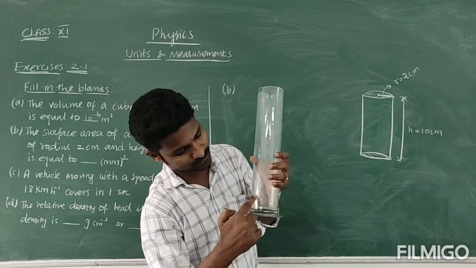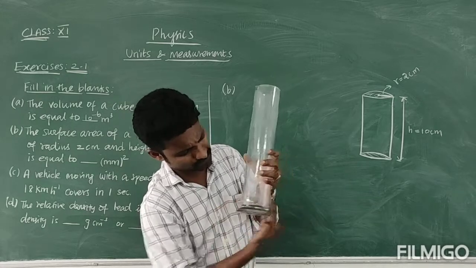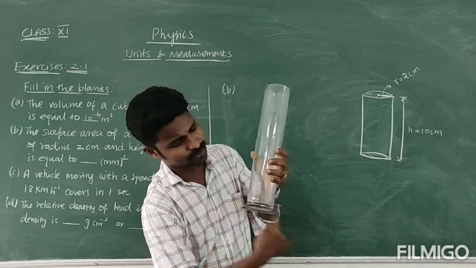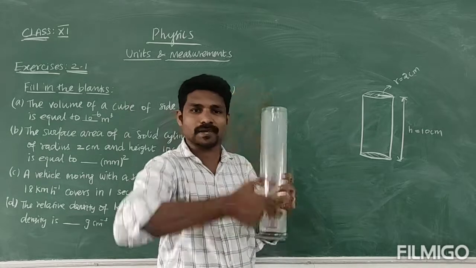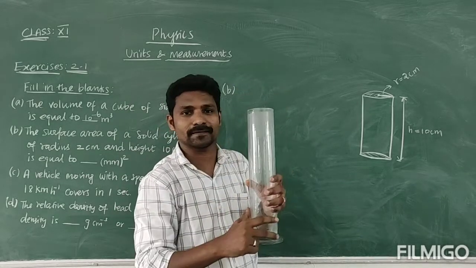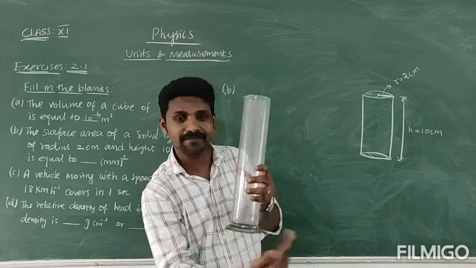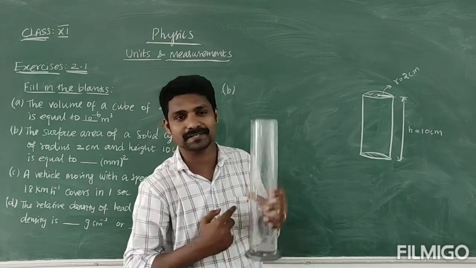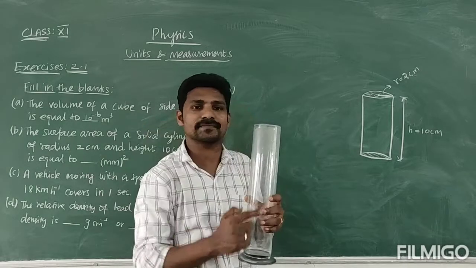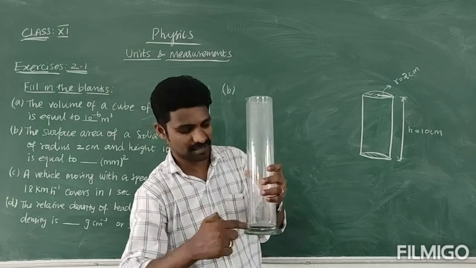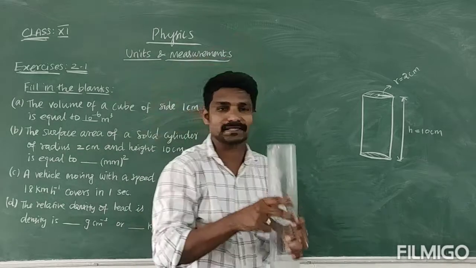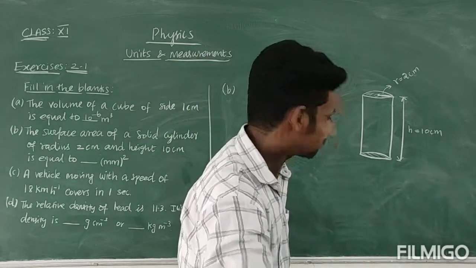Then one step move, second round, one more step move, third round. 2 pi r, 2 pi r, 2 pi r, up to height. If you count 2 pi r up to height, that is the curved surface area. So 2 pi r into h, because it is a uniform surface. 2 pi r, 2 pi r, up to height.